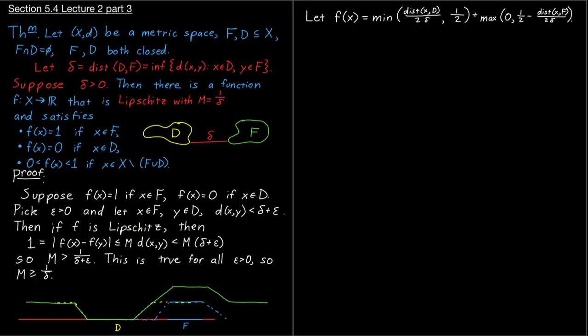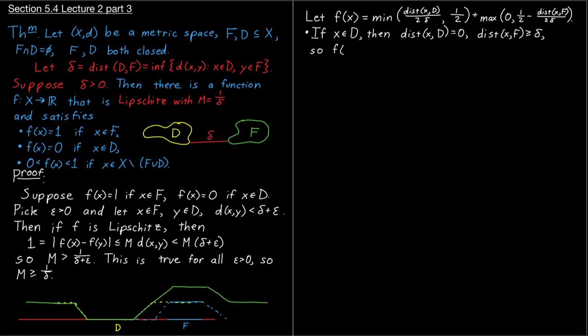So let's check and make sure this has our properties. If x is in D, then the distance from x to D is 0. And the distance from x to F, well, the distance from x to any particular point in F is at least delta, so the distance from x to F also has to be at least delta.